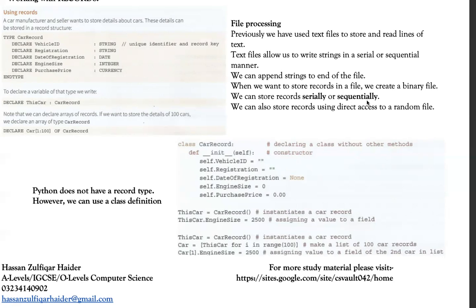On the other hand, sequential access means that I'm maintaining the order of data based on some key field. That key field is unique for all records. In this example, it could be the vehicle ID.